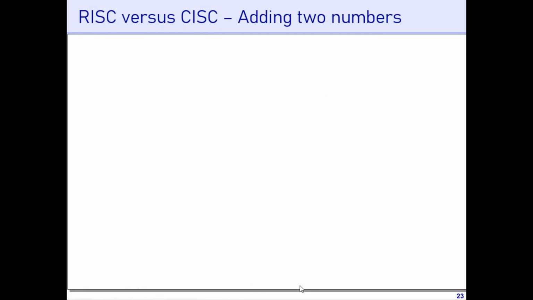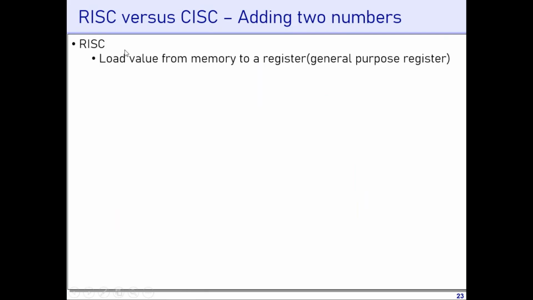Let's now briefly talk about this adding two numbers example. In case of RISC, to load a value from memory to a general purpose register, you would do something like this: load x1, #100. So from memory location 100, you're loading the data into x1. You see here, you're accessing a memory location through the load instruction.